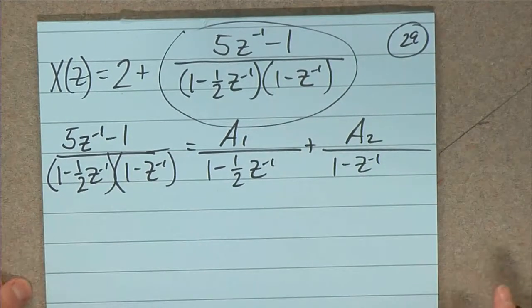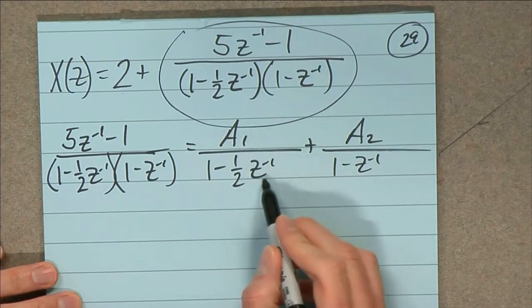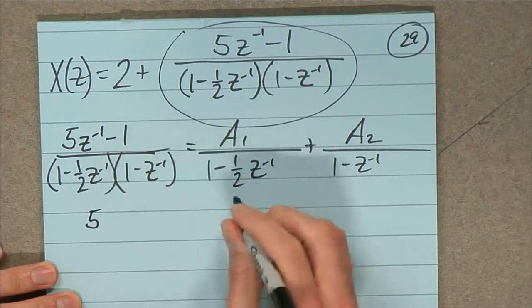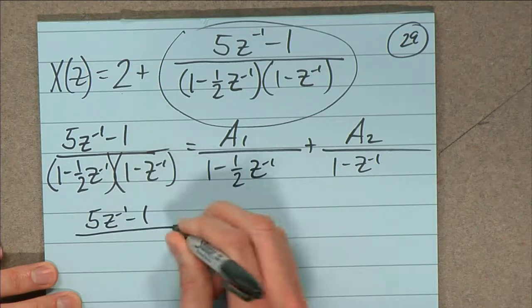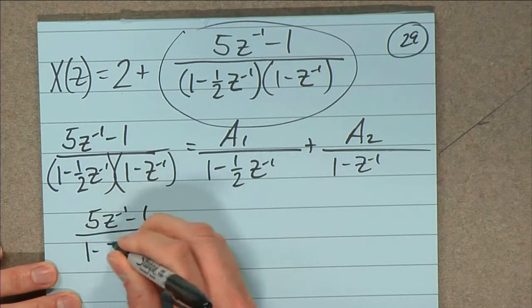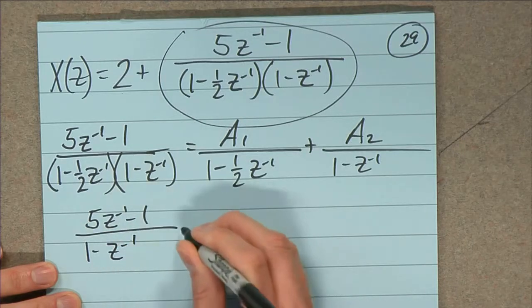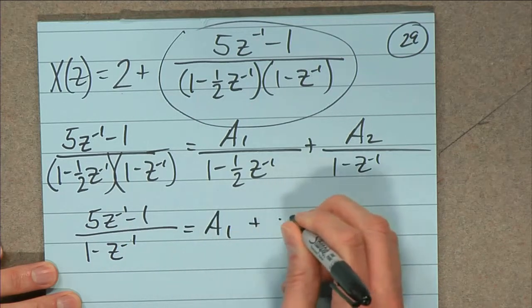If we quickly do it this time, multiply both sides times 1 minus 1/2 z inverse, we end up with what? 1 minus z inverse times A1, plus a term I don't care about.